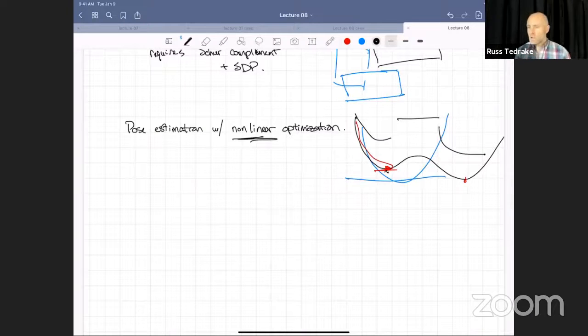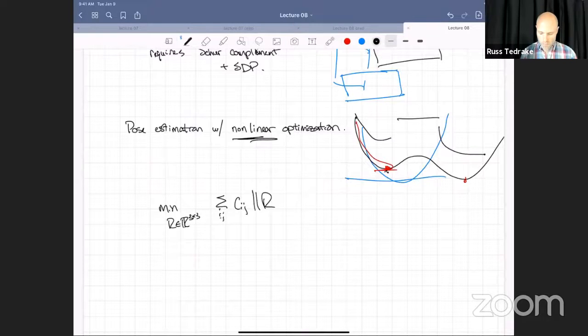So we could actually just hand our full optimization to a nonlinear optimization solver. This is a valid nonlinear optimization problem. I'm not going to write it yet again, but you know what I would write.